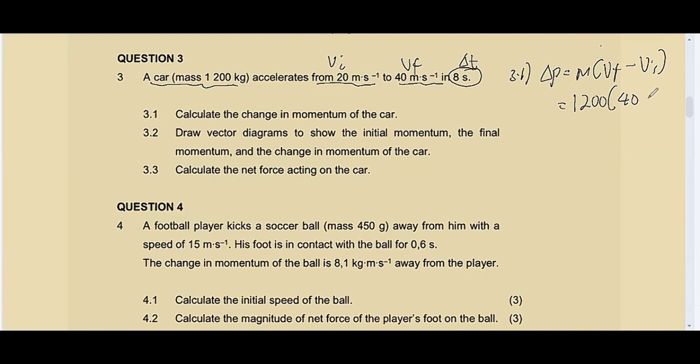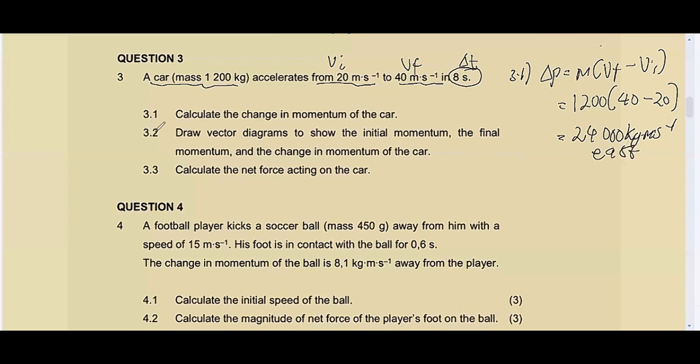Then 40 minus 20. All you have to do is punch all that in your calculator. This will give us a value of 24,000 kg·m/s. If we assume it was going east, then let's just say east.